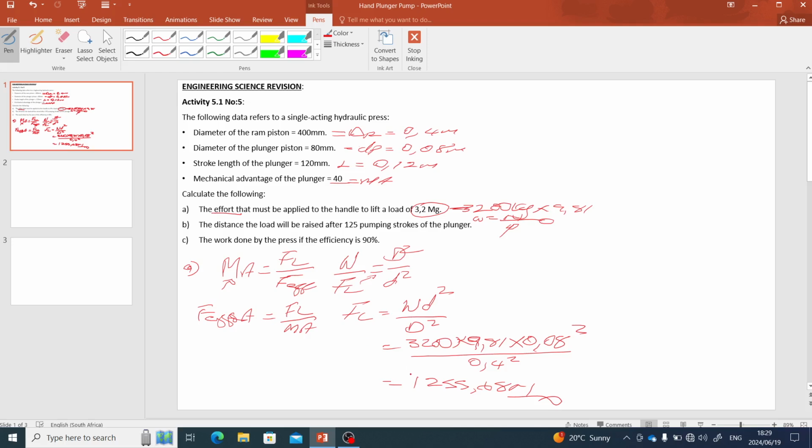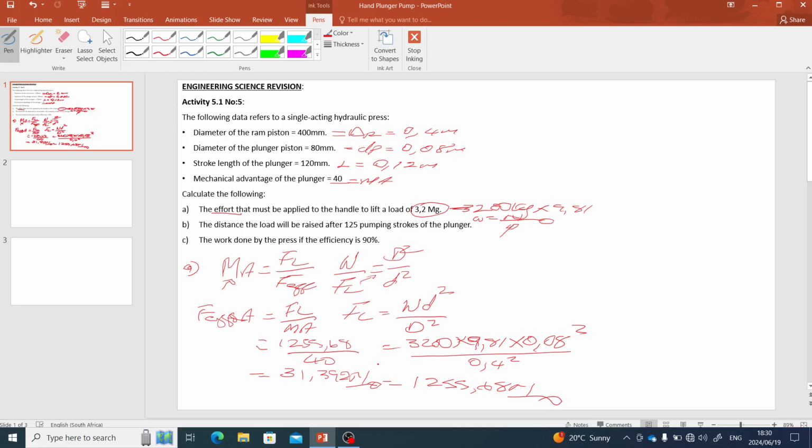We can then substitute our FL in this formula in calculating the F effort. FL, 1,255.68 divided by mechanical advantage, which is 40. Then we get our F effort as 31,392 newtons. Right.